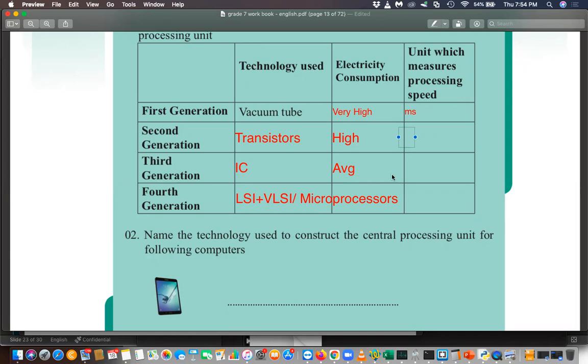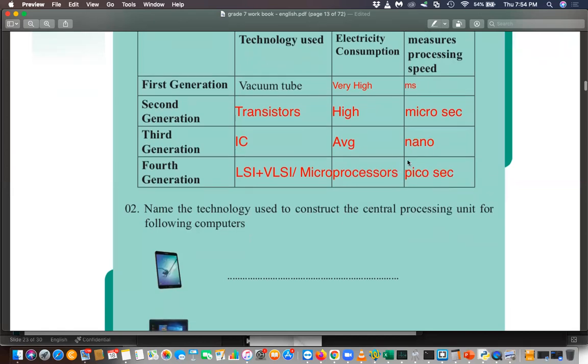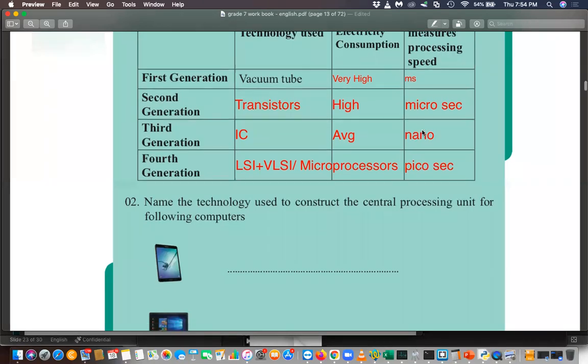Millisecond is 1 divided by 1,000 second, microsecond is 1 divided by a million, nanosecond is 1 divided by a billion, and the next one is picoseconds, 1 divided by a trillion. That is how speed is measured in these generations.